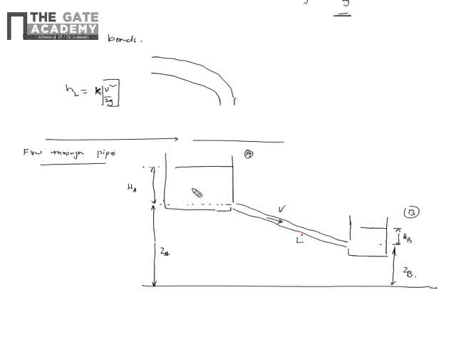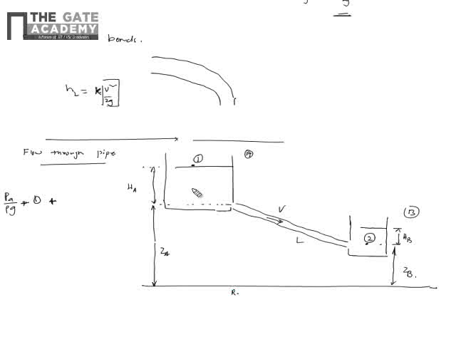Okay, so now if I apply the Bernoulli equation from point 1 to point 2: at point 1 the pressure is atmospheric, so atmospheric pressure by rho g, plus the velocity here. Because it's a very large cross section, I neglect the velocity, plus the height from the mean.